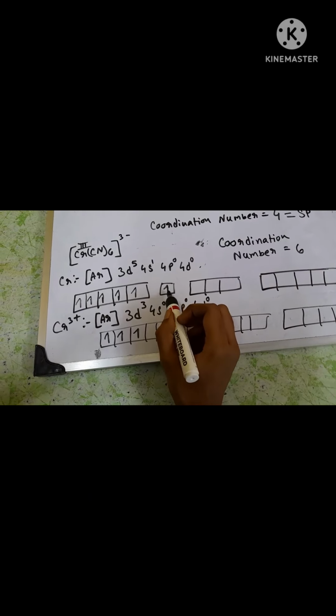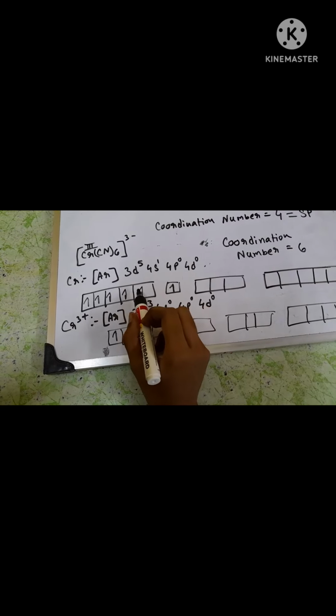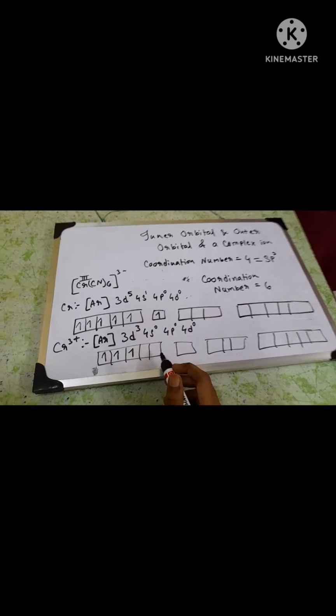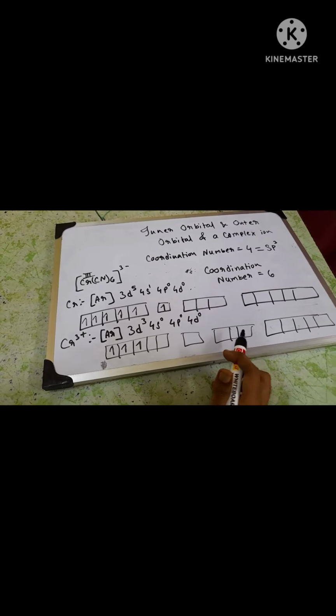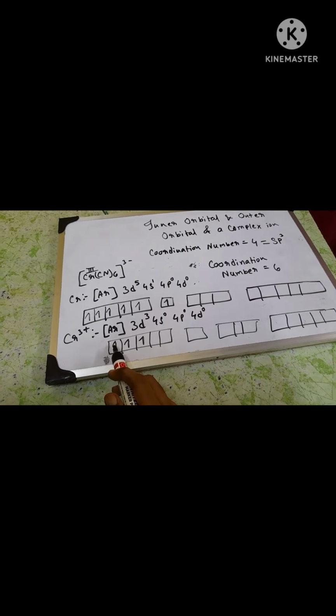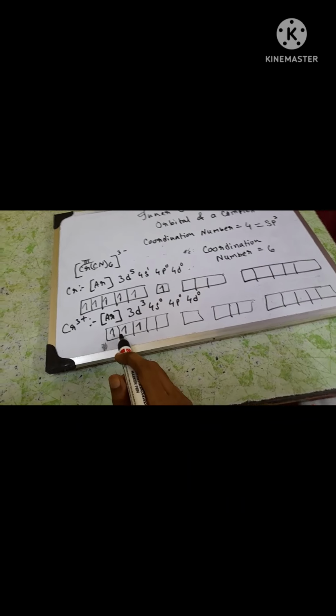The electron removed from the 4s is 1 and the other 2 are from 3d. So a total of 3 electrons get removed, and there are no electrons which exist as a pair. So these 3 electrons cannot get paired with each other. They exist in this form, that is unpaired.